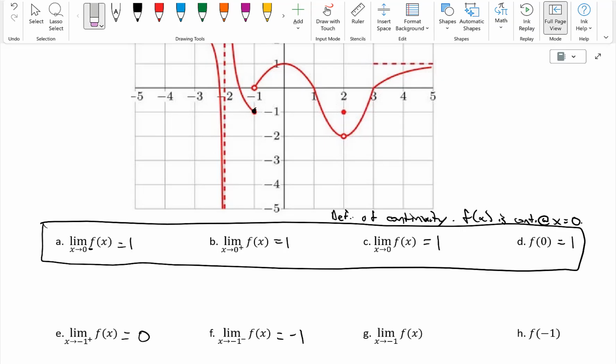And so we can see that jump discontinuity that's been talked about before in class. So we do not have a limit as x approaches -1, right? The limit does not exist there because we come to different heights on both sides. And so f of -1, we can see that closed point or that defined circle down at -1. So we wouldn't be continuous there, and we've talked about that before, again, as a jump discontinuity.